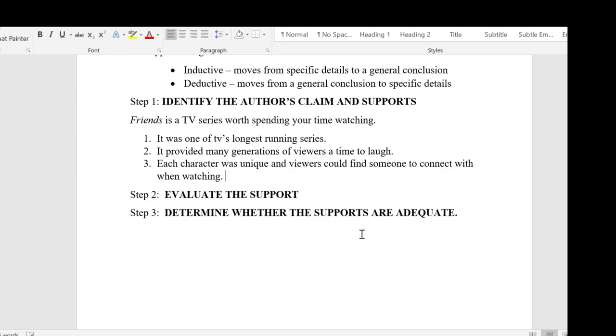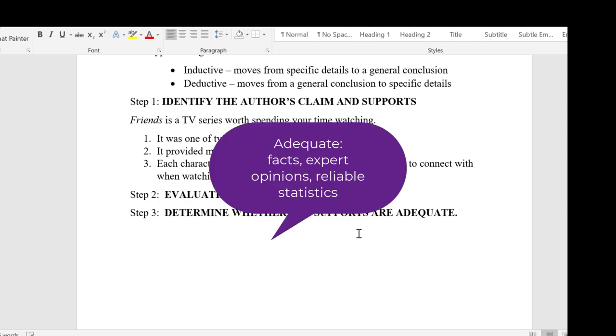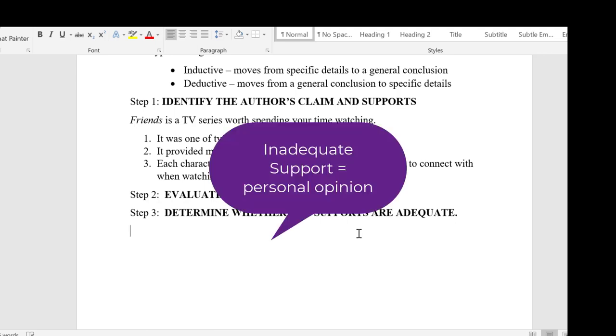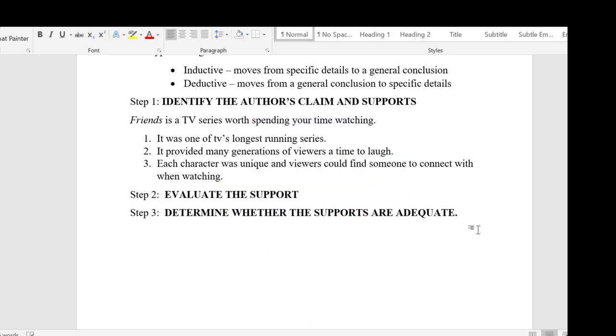When I say adequate, I mean things like facts, expert opinions, or reliable statistics. Inadequate supports include an author's personal opinion and not specific facts, expert opinions, and reliable statistics.